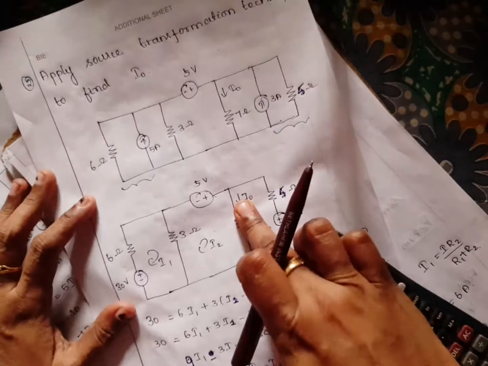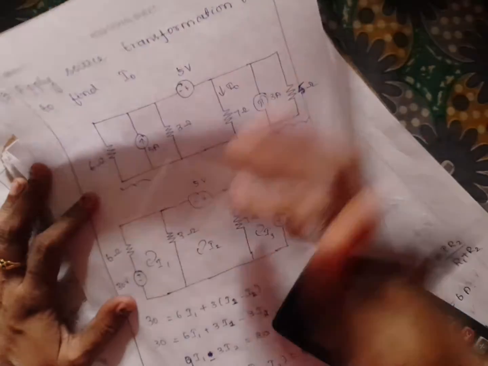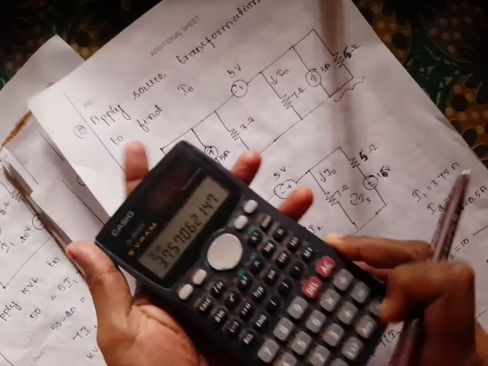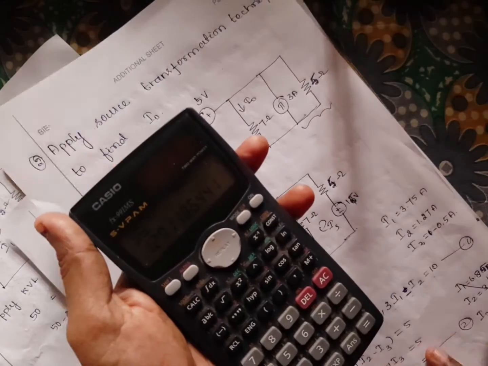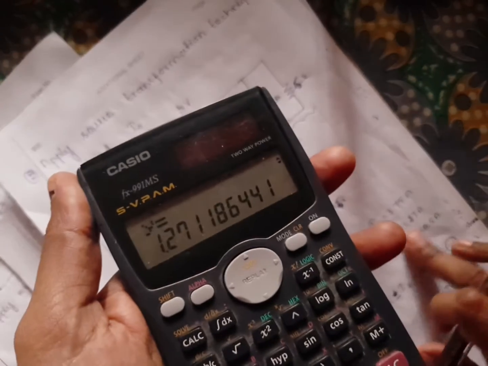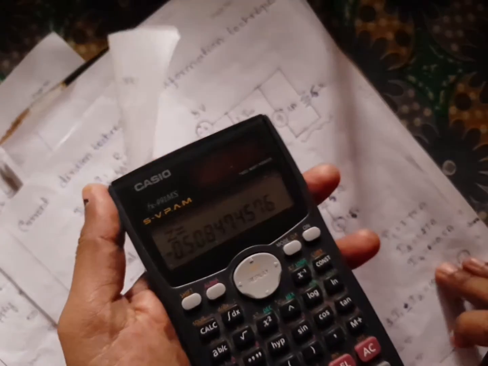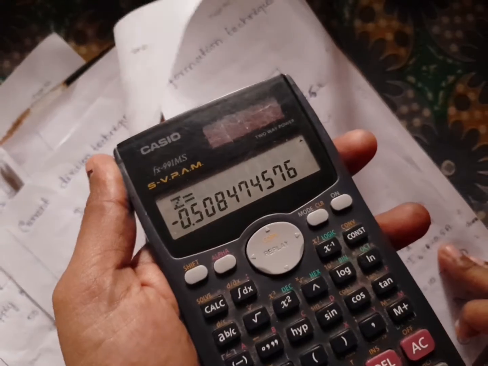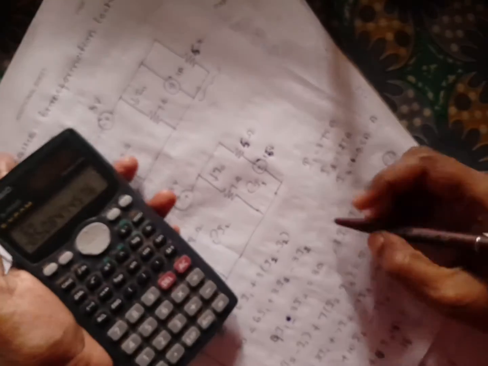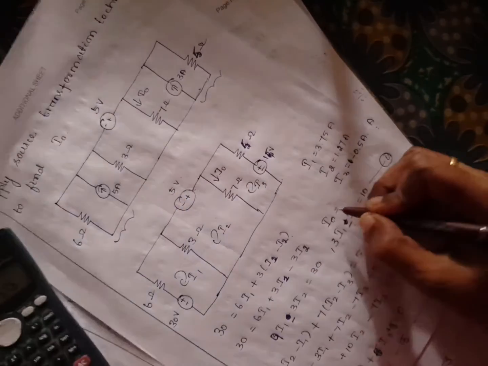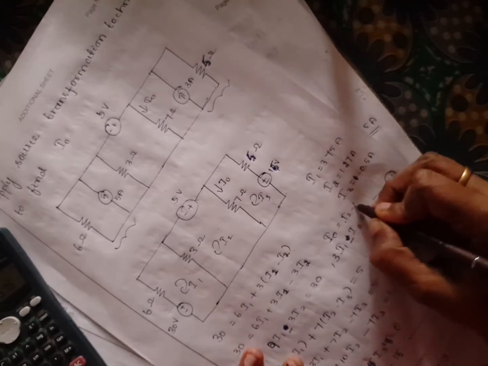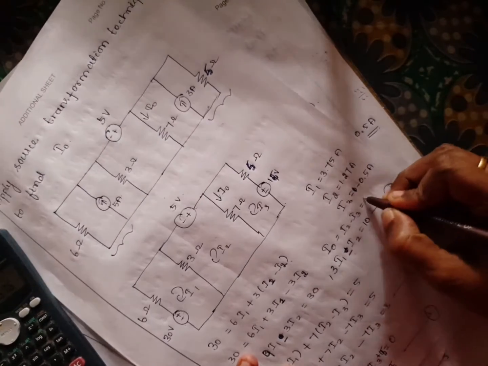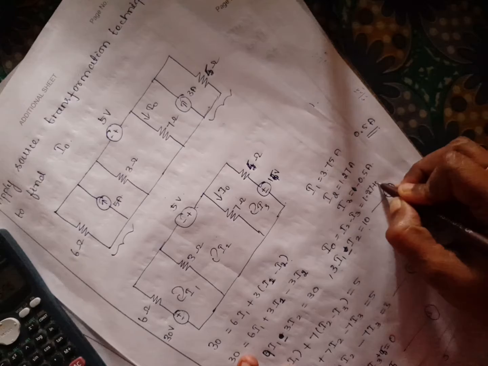So in order to find I0, we need to find either I2 minus I3 or I3 minus I2. We got the I2 value as 1.27 and the I3 value as minus 0.5. So we need I0. What is I0? 1.27 plus 0.5.